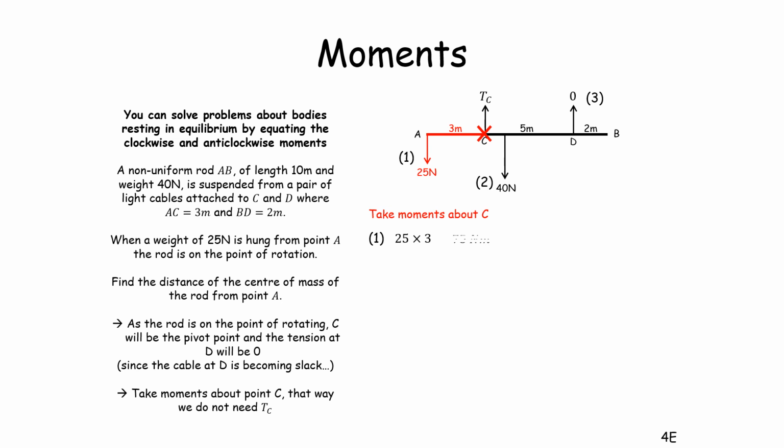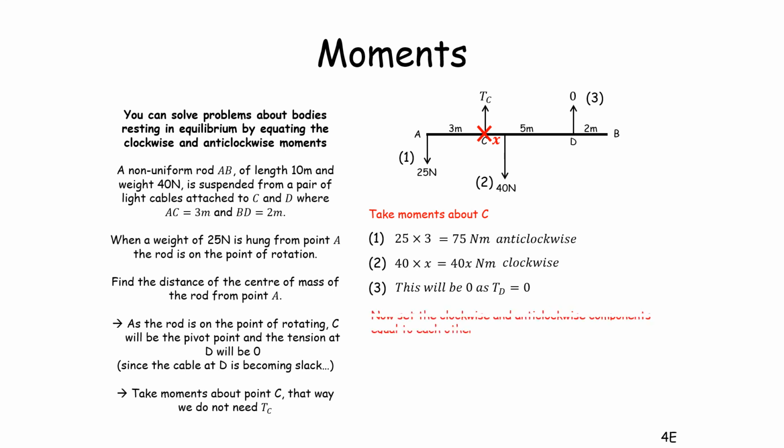So if we do 25 times 3, that'll give us 75 Newton meters anti-clockwise. And then for the next one, if we do x times 40, because the distance is x times 40, that'll give us 40x Newton meters clockwise. And we've already said that TD would equal 0.